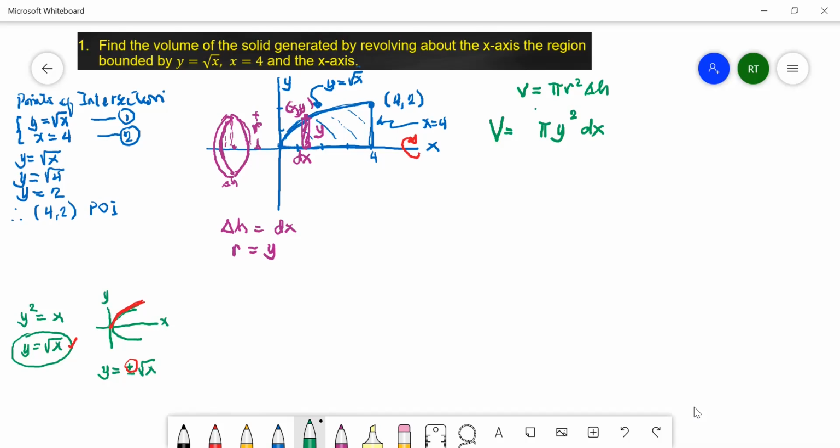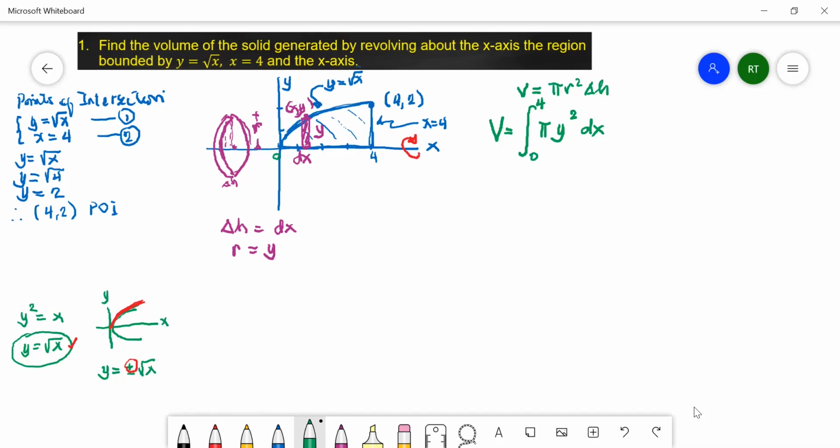And if we are going to evaluate this integral from the lower limit to the upper limit, of course, the variable of integration is x. Therefore, we have to consider the lower limit and the upper limit as the closed interval from 0 to 4. So the lower limit of integration is 0, the upper limit of integration is 4.